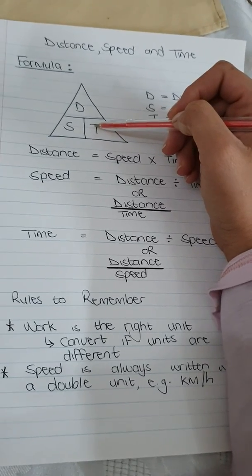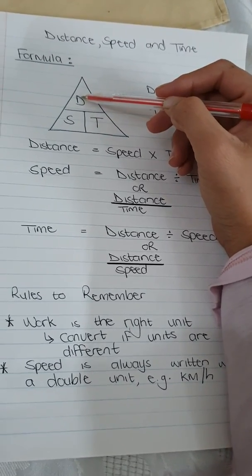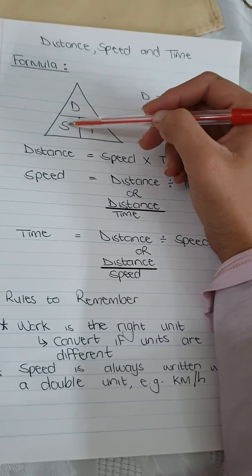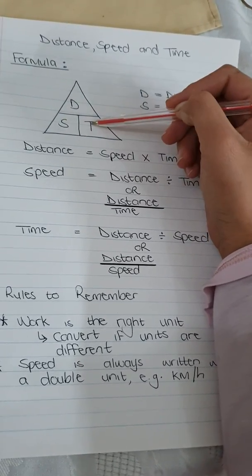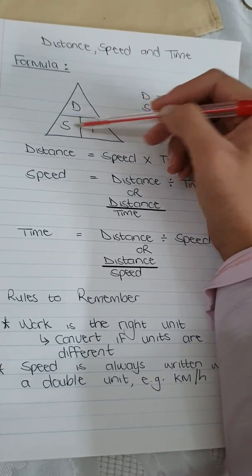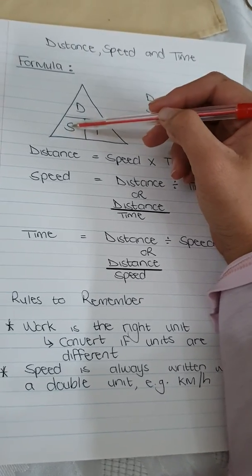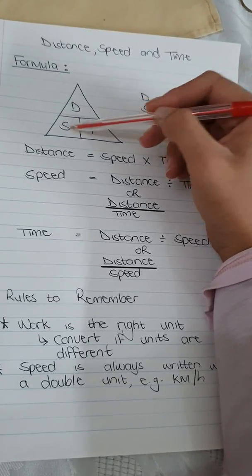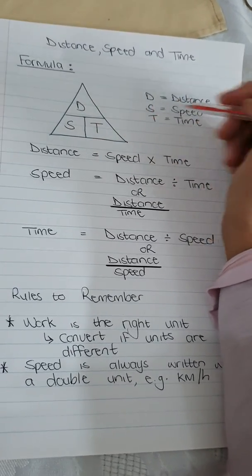For me to have two pieces of information, I will have my top value, and I will have either one of the two here. But the two at the bottom means that when we are looking for the top value, the two at the bottom will be multiplying with each other.